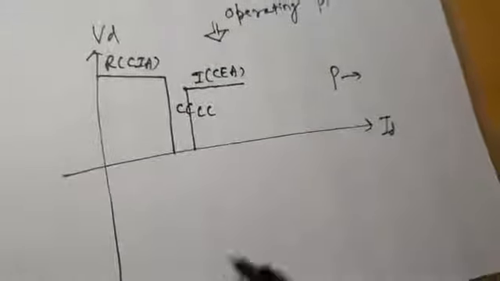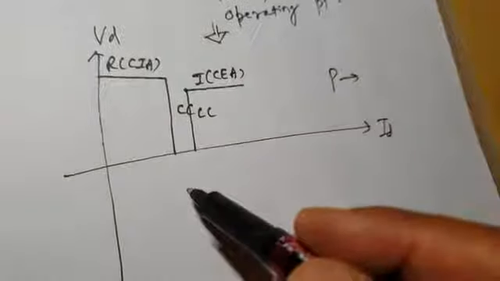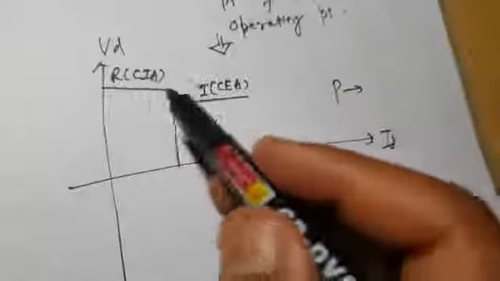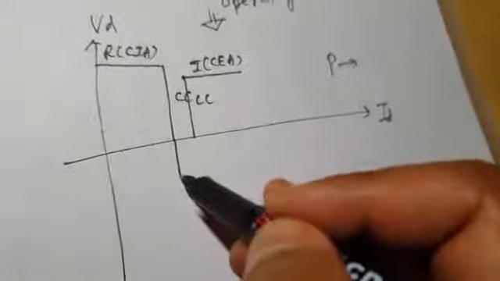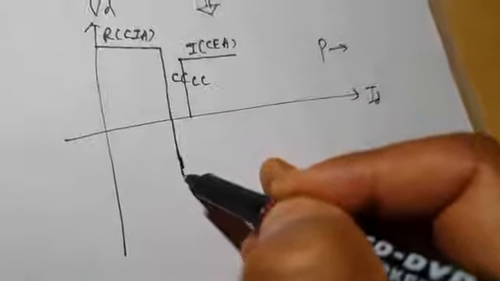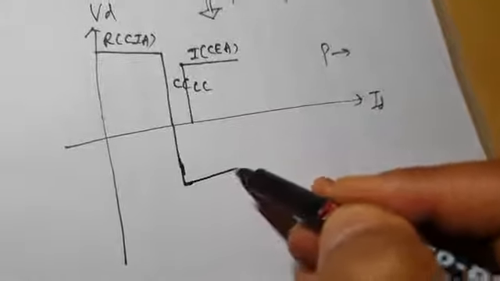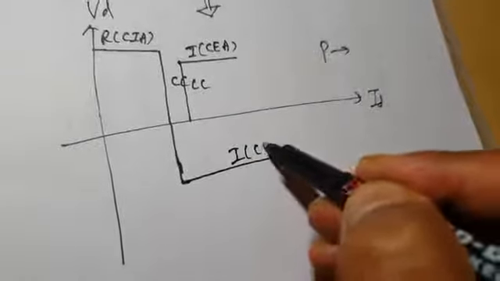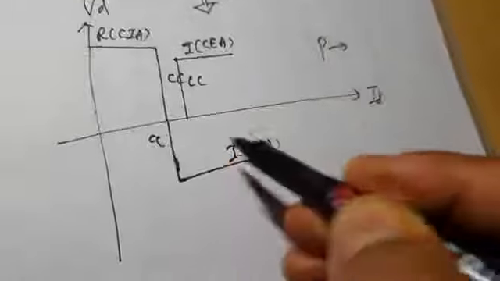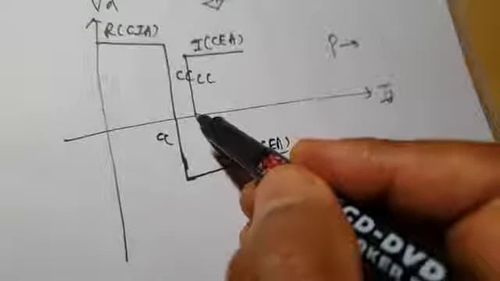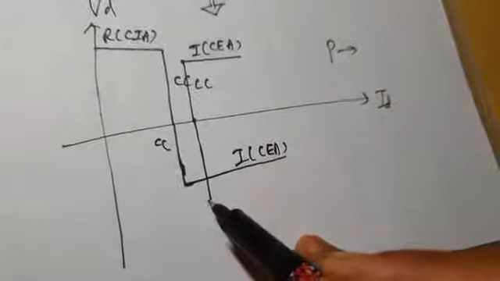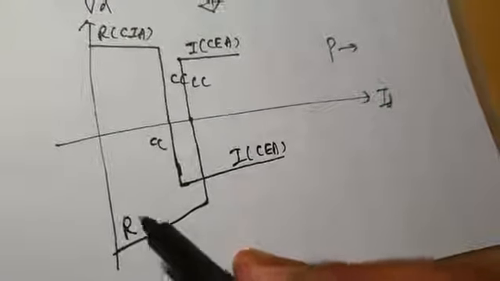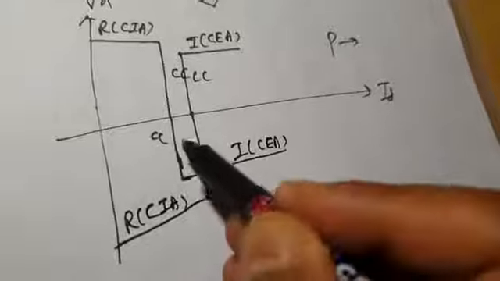I am drawing these characteristics for reverse direction of power flow. For reverse direction of power flow, your rectifier characteristic will become inverter and inverter will become rectifier. So this will be now your inverter characteristic, CEA and CC, and here it will become rectifier characteristic, CIA and CC.